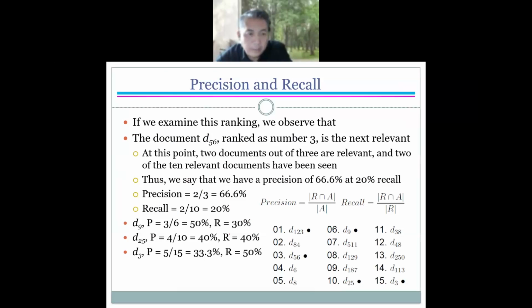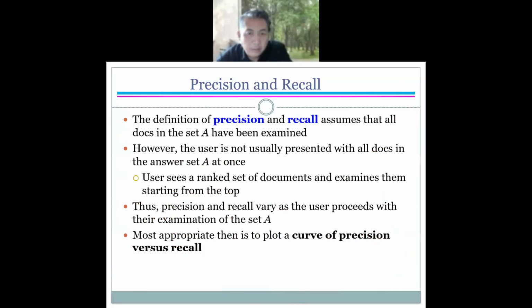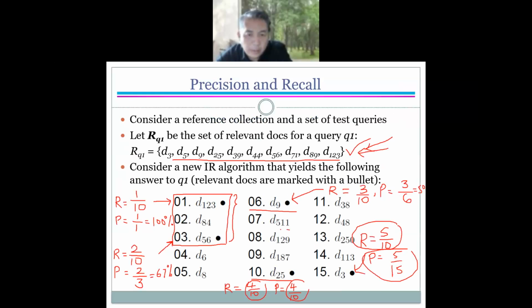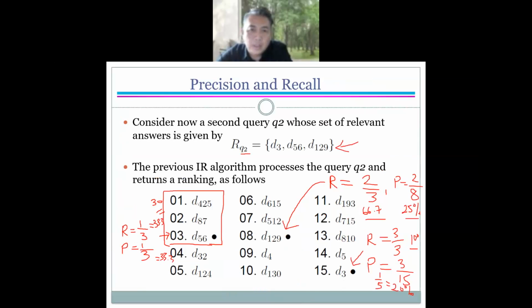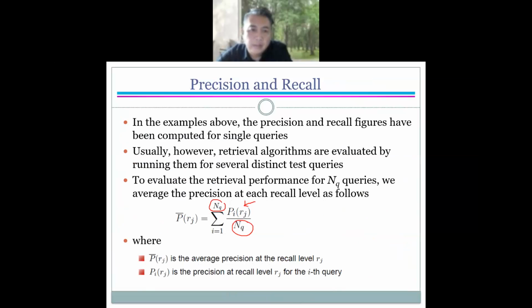So this is our query 1. When we are here, what is the recall? The recall is 3/10, 30%. And the precision is 3/8.